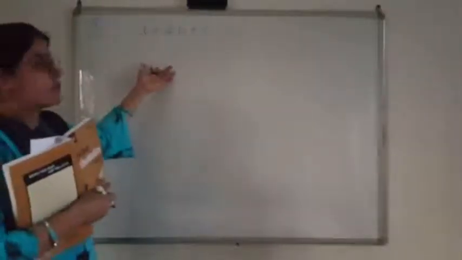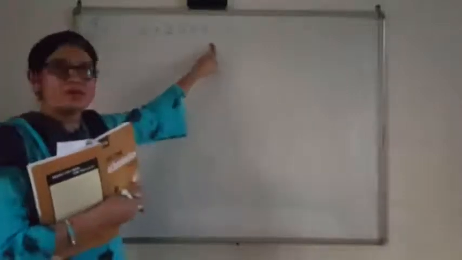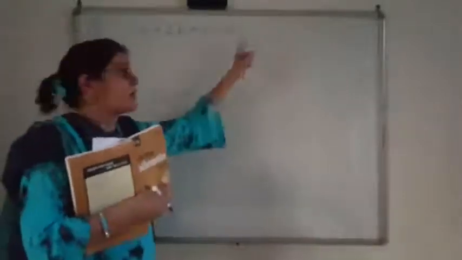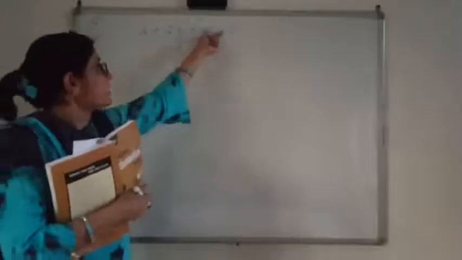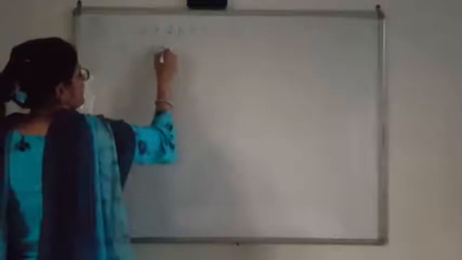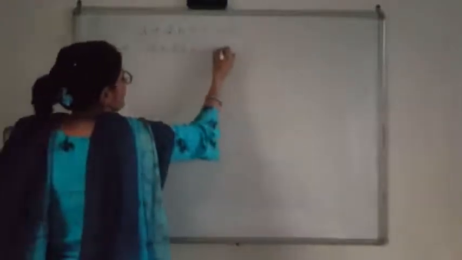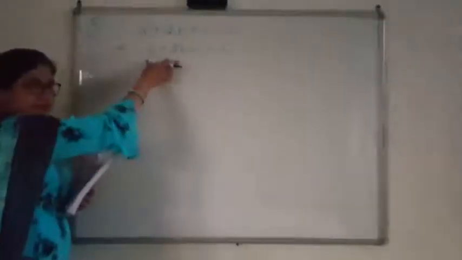We don't have any identity of cube of 3 terms. So what we will do, out of these 3 terms, we shift any one term to that side. We will take this c, that will go in minus c.